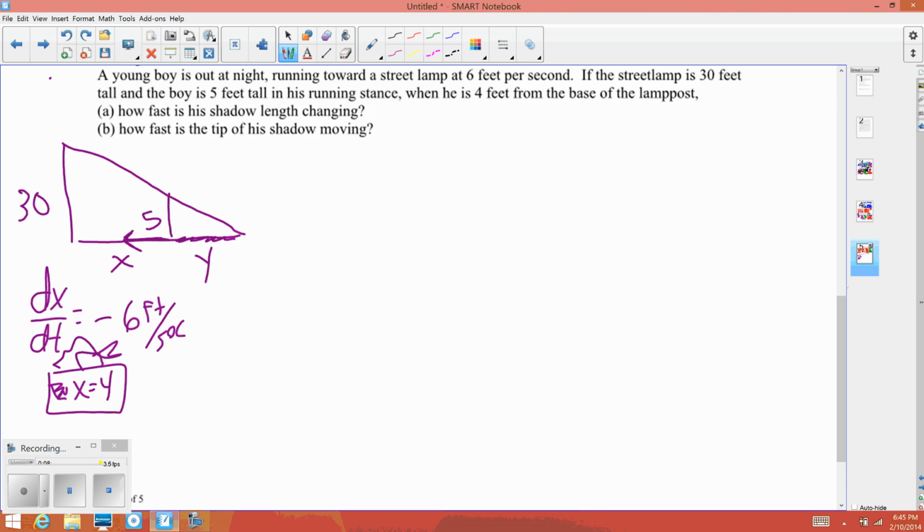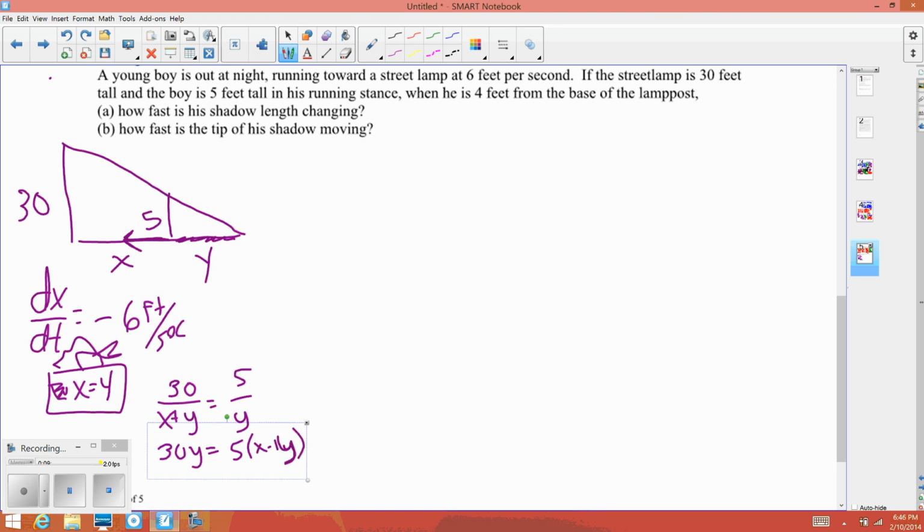Let's look at our equations. What different equations do we have here? Well, we could use similar triangles. Again, this is a geometry concept. 30 over x plus y equals 5 over y. And there's a couple of ways to write this. We could say that 30y equals 5 times (x plus y).